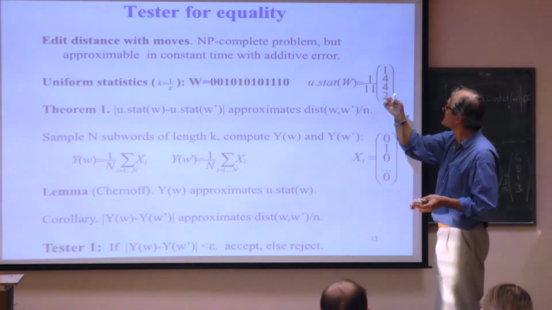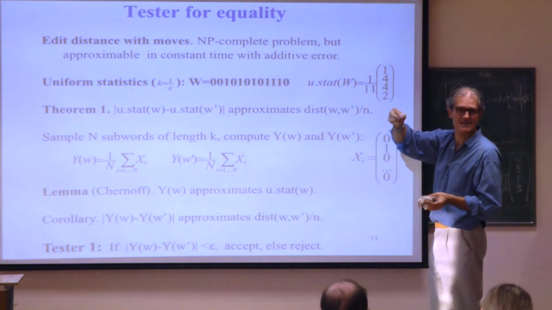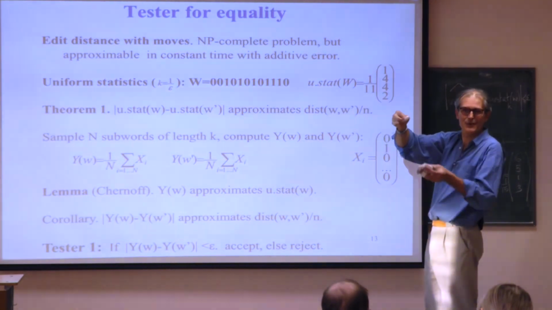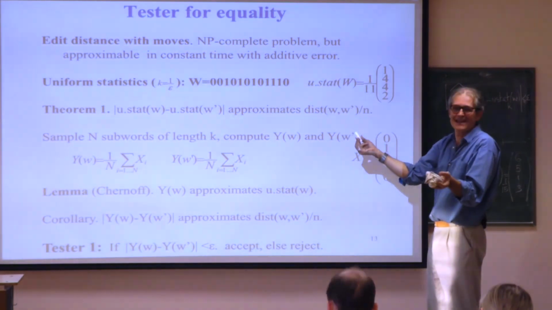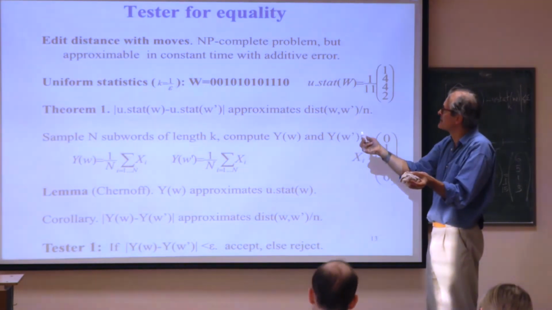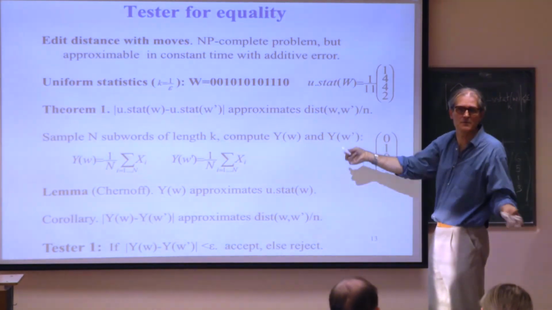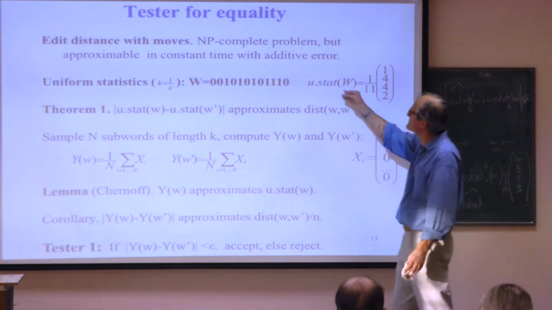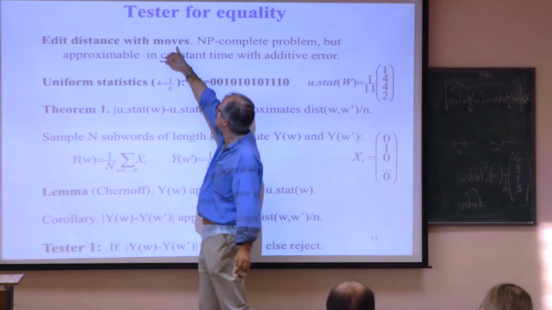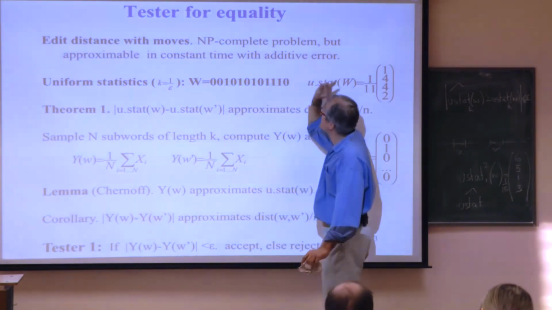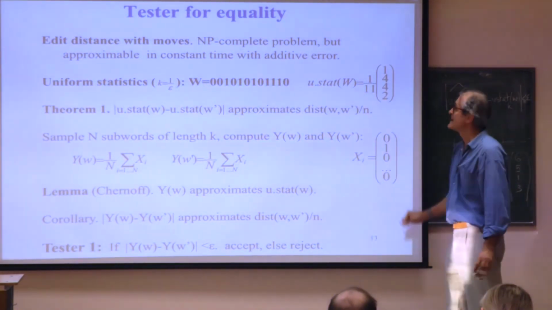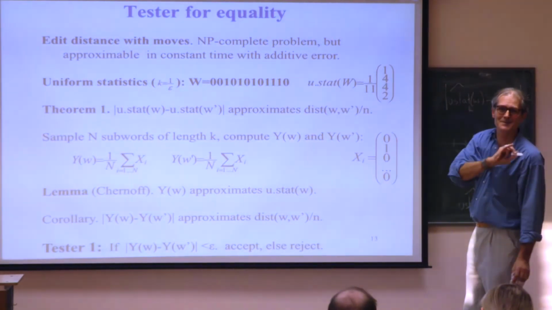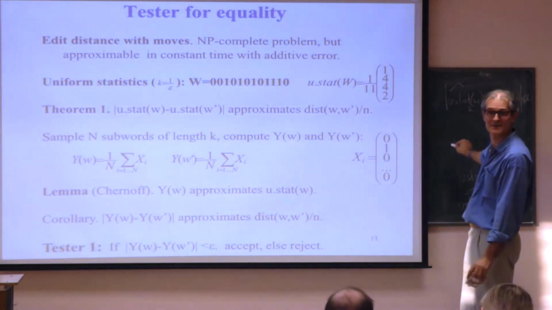But something which has been studied is that it's very hard to approximate. In other words, if you want the approximate distance, it doesn't really help to approximate. I mean, to approximate is as hard to compute. Whereas if you take the edit distance with moves, if you want the exact value, it's an NP complete problem. But it's very simple to approximate, as we're going to see.